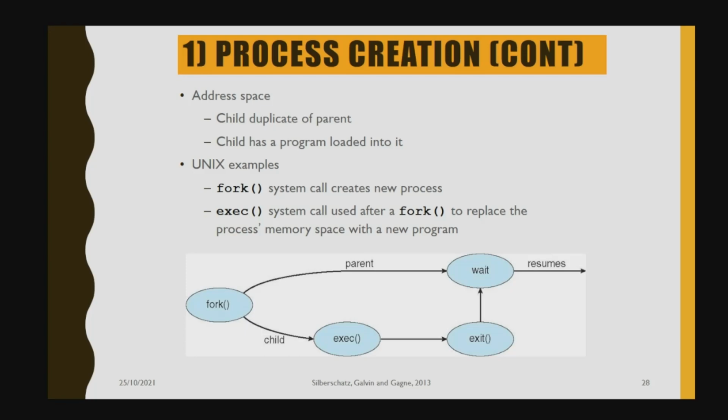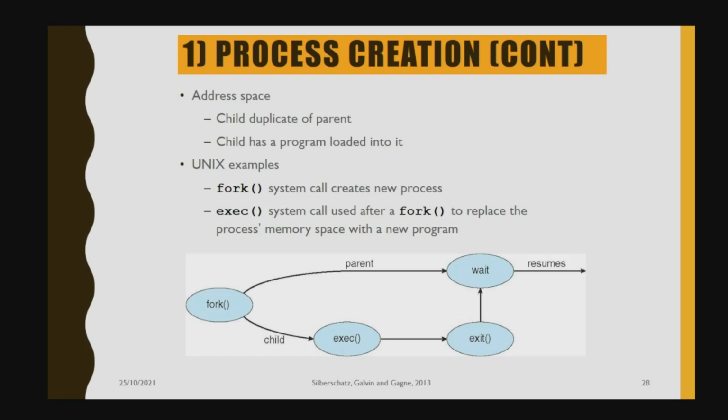So address space is the allocation of the address. The children are a duplicate of the parent, and the children have a program loaded into them. In the Unix example, we have the fork function and the exec function. The fork system call creates a new process.